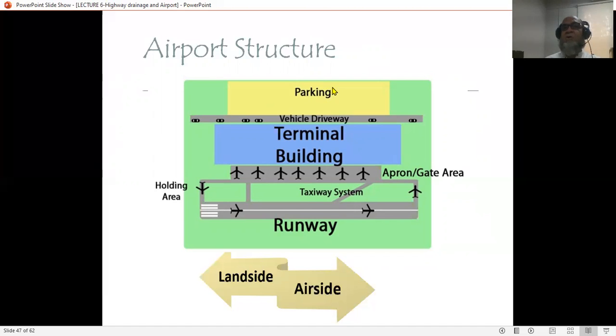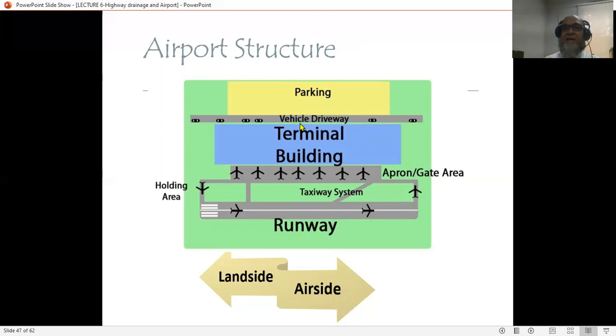For instance, you want to go somewhere outside your city, within the country or outside. What do you do? You come either in your own car and park it, or you take a ride from your friends or family members. They drive you near the terminal building.